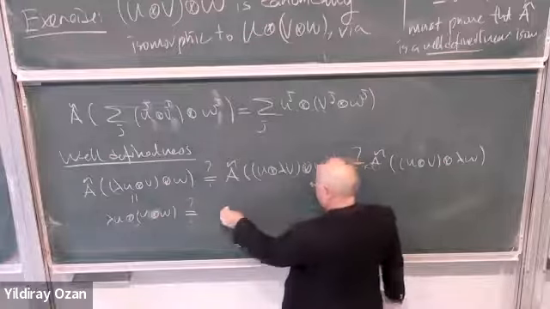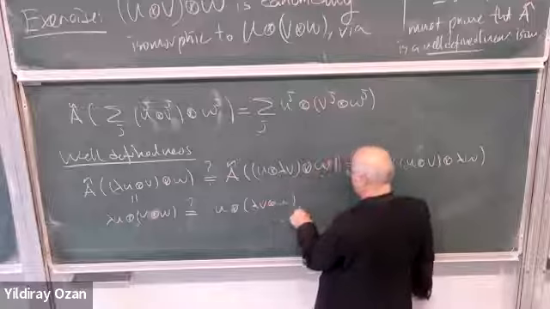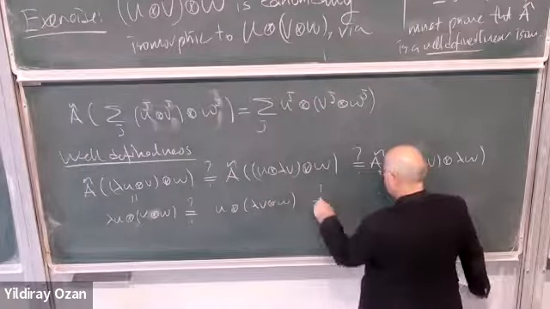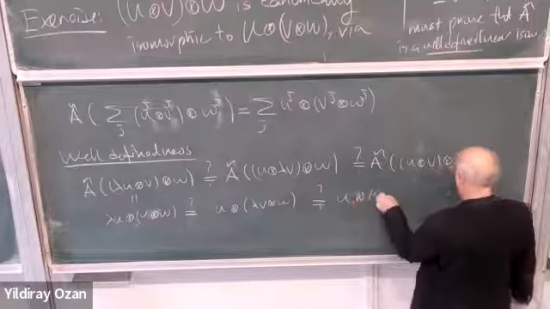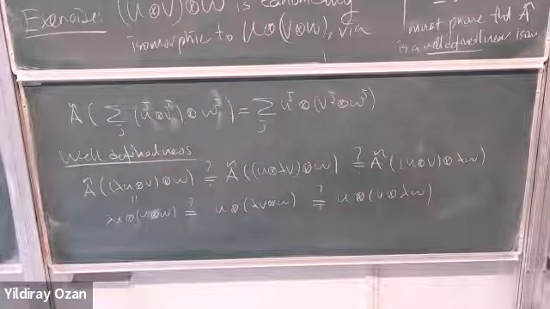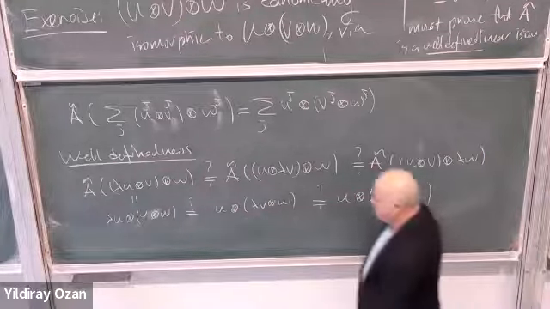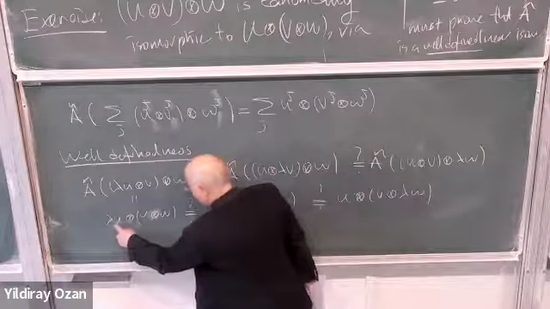This is just u tensor lambda v tensor w. And what is this? This is just u tensor v tensor this. Are they the same? Well, yes.